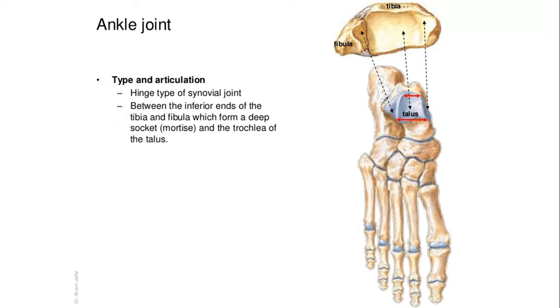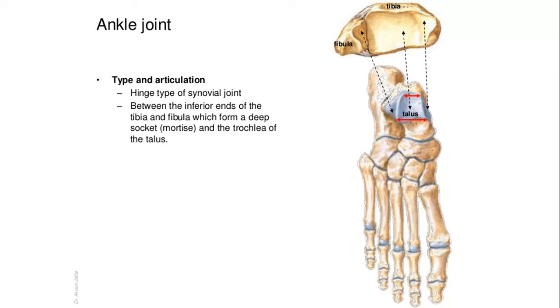That elbow joint was a hinge joint. Similarly, this joint should be a hinge type of synovial joint. So in this joint only two movements occur around a transverse axis, that is the backward moving of the foot and the plantar moving of the foot, that is dorsiflexion and plantar flexion.